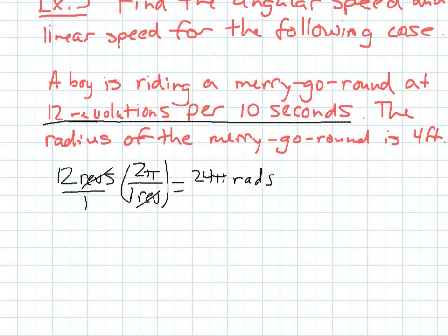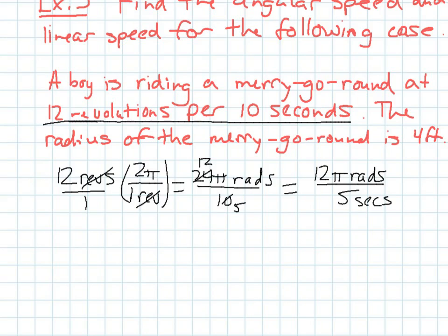To get my angular speed, you take your angle, the 24 pi rads, and divide it by the time. Dividing by 10, we'll divide by 2, so that gives me 12 and that gives me 5. So it'll be 12 pi radians per 5 seconds. That'll be my unit of measurement, and there's the angular speed.